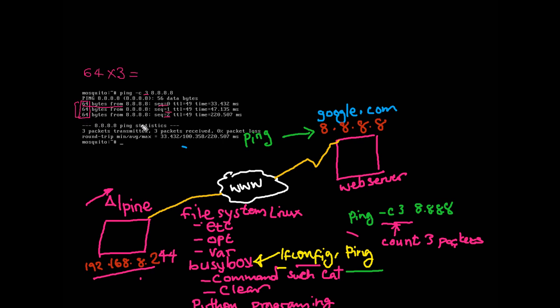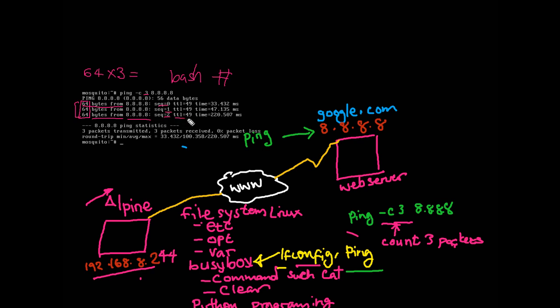And here we have got a string called bytes from, so we could use it to do some other bash manipulation. All of these bytes are coming in from Google.